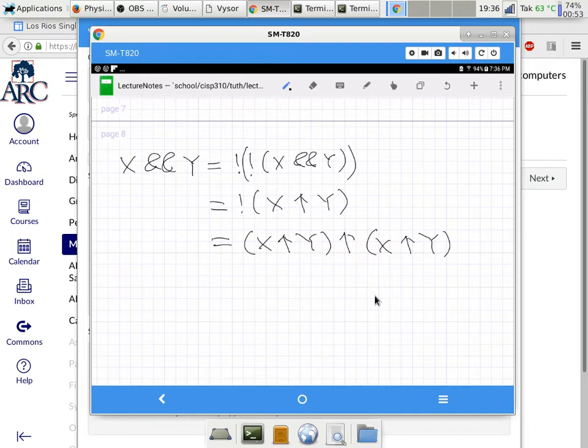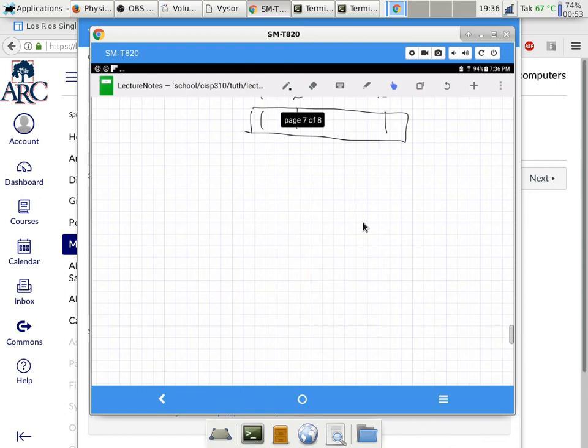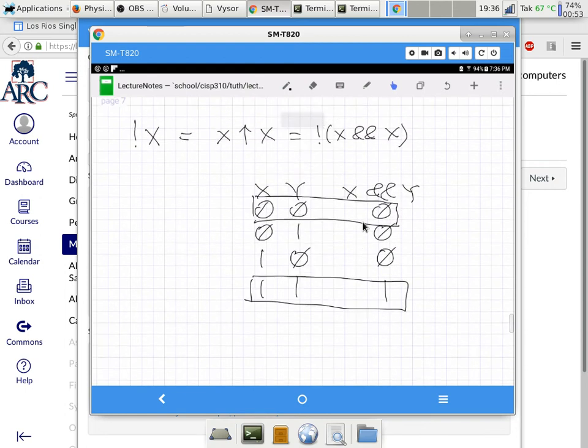Okay, so when we're on this particular line, we just want to do the negation of something. Let's call X NAND Y Z. We just give it a name instead of the whole thing. We just call it Z. We just want the negation of Z. The previous slide showed us how to do a negation of something, right?